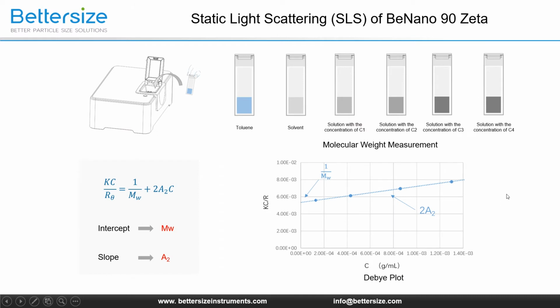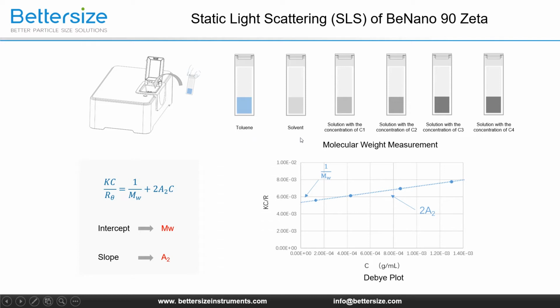As I have mentioned previously, the Binano 90 Zeta can measure particles' molecular weights by both DLS and SLS techniques. Static light scattering, or SLS, measures the molecular weights of macromolecules and proteins dissolved in solutions. During the measurements, the instrument detects scattering intensities of particles in solutions at different concentrations.